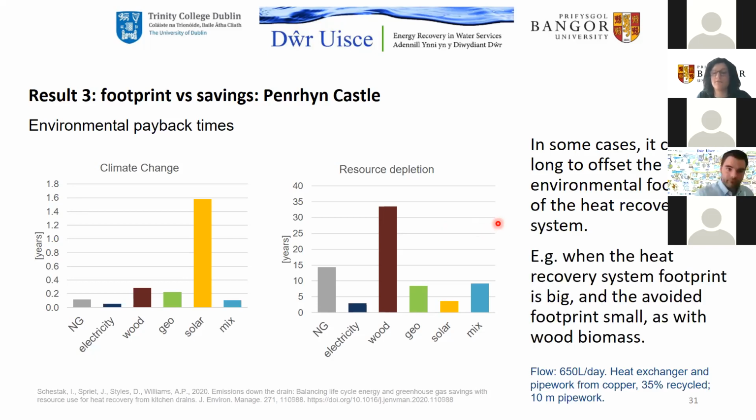This is the case if either we don't recover a lot of heat, or the footprint of the heat recovery system is quite high, and our avoided emissions or avoided resource consumption is quite low, as is the case with wood biomass. So in Penryn Castle, ideally, the system would be in place for 33 years.